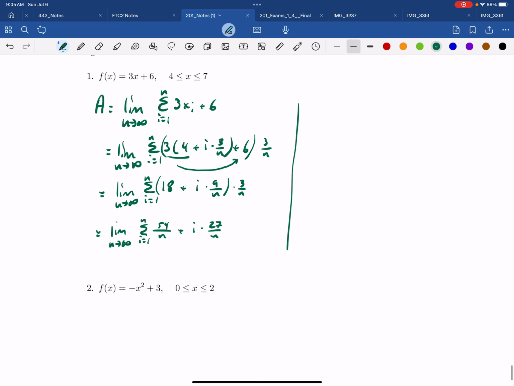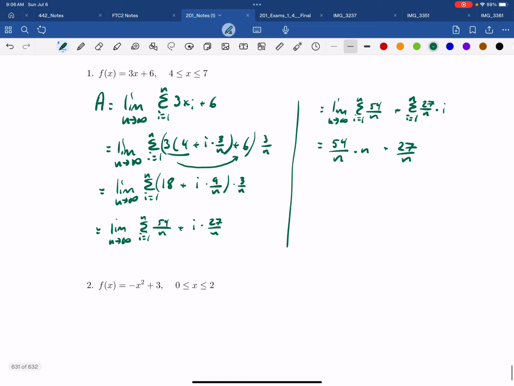And then we can just continue this and say this is the limit of the sum of 54 over n plus the sum here of, I'll write it in front of the i, because we know that we can factor out the i, and we wind up getting 54 over n times n plus 27 over n.